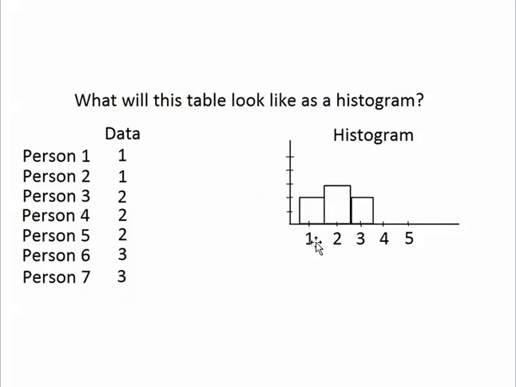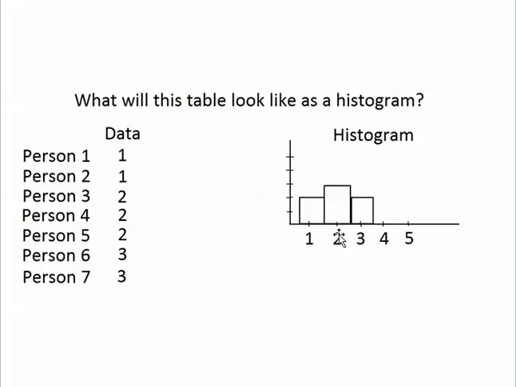Remember that 1 had a frequency of 2 because there are 2 1s in this data set. Since 1 has a frequency of 2, this bar goes up to the second tick mark. Remember that 2 had a frequency of 3 because there were 3 2s in this data set right here.